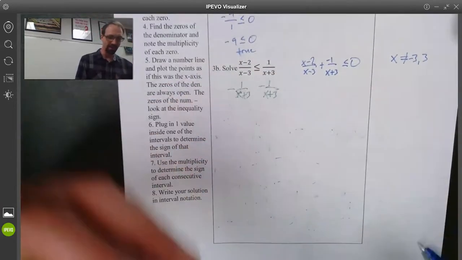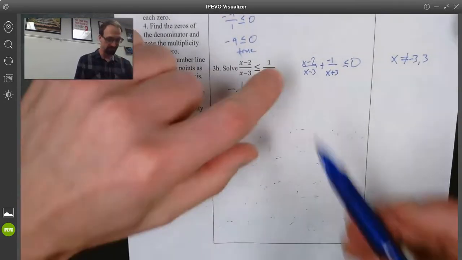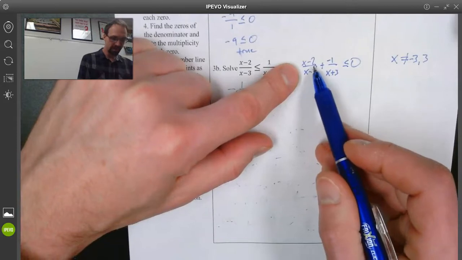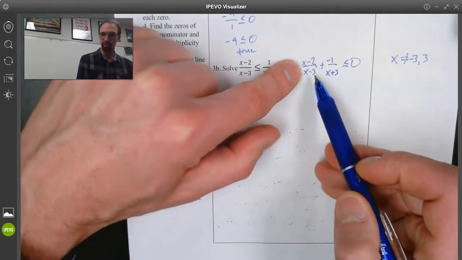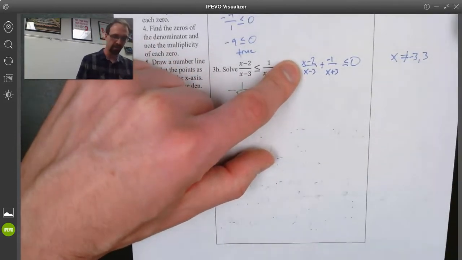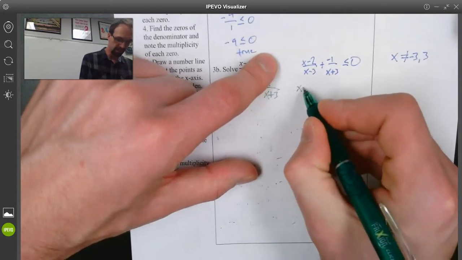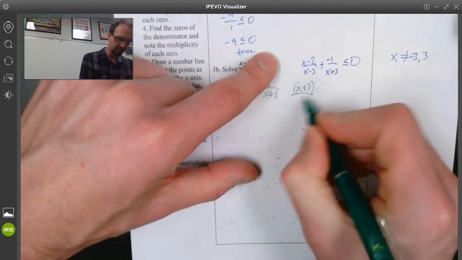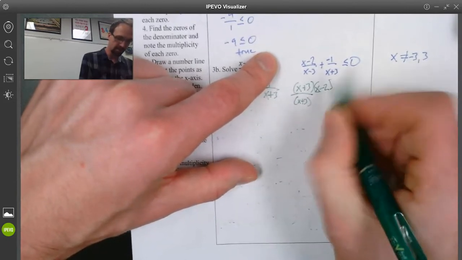I need to essentially combine these, and to be able to combine them, I'm going to multiply by the convenient form of 1. For this problem, the convenient form of 1 is x plus 3 over x plus 3, times x minus 2.